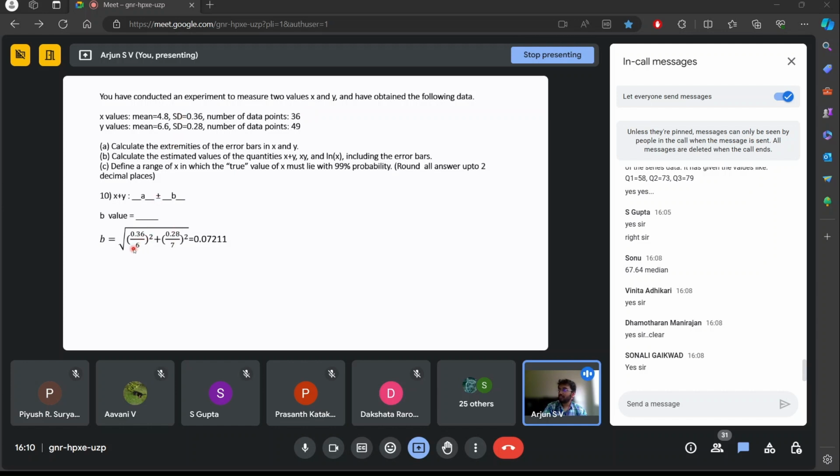You divide them by the square root of n. That's how you get the standard error. The square root of 36 is 6 and the square root of 49 is 7. So you have the standard errors, square both of them, and then take the square root of the sum to get 0.07211. I think any answer between 0.07 and 0.08 would be acceptable.